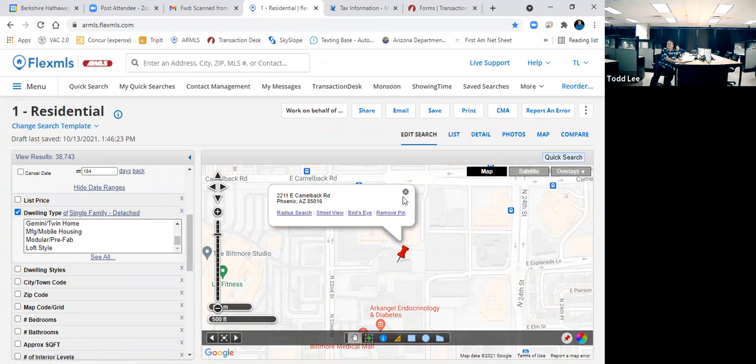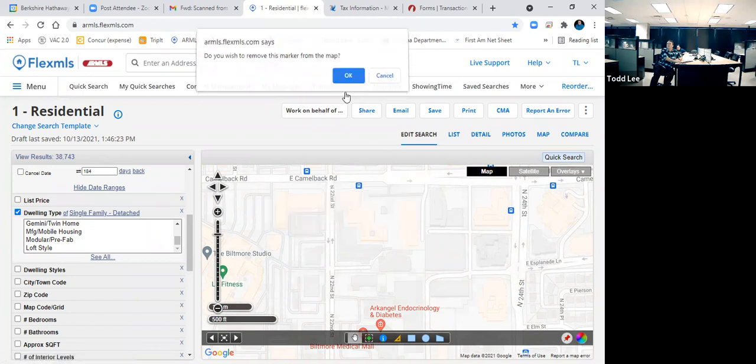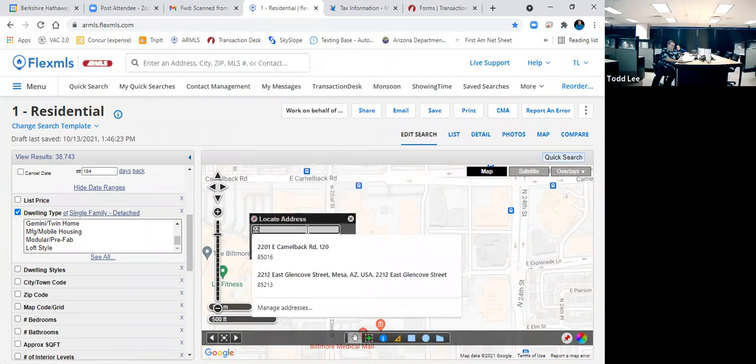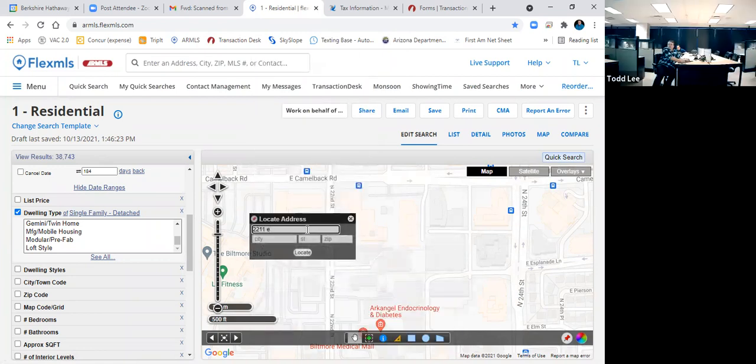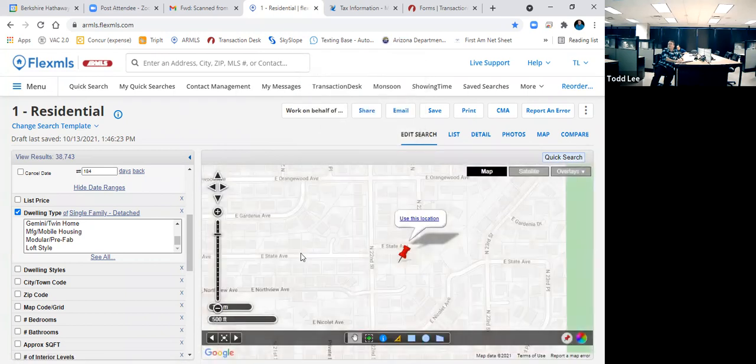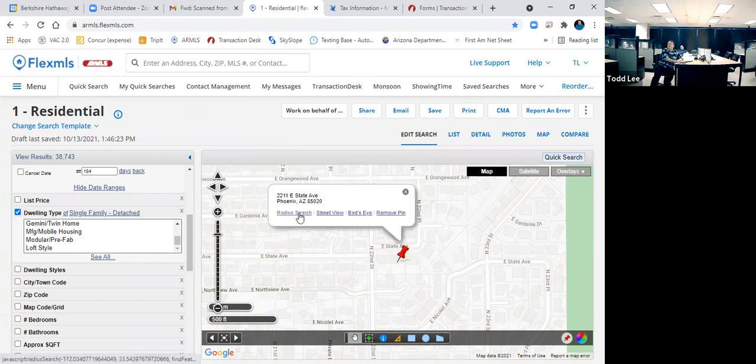Remove that. 2211 East State Avenue. S-T-E. There we go. There's Orangewood. Okay, that should be it. That's the one. All right.